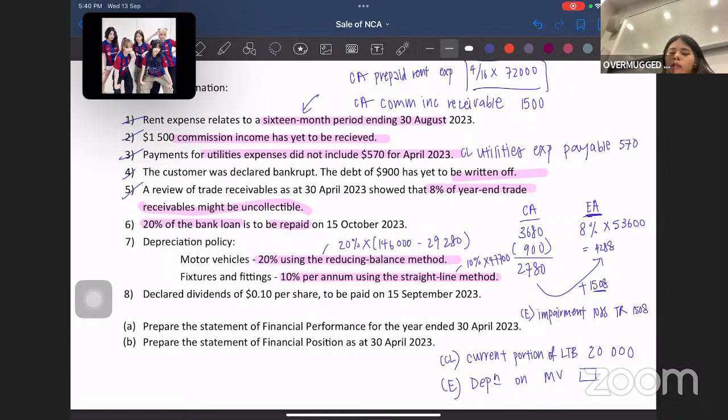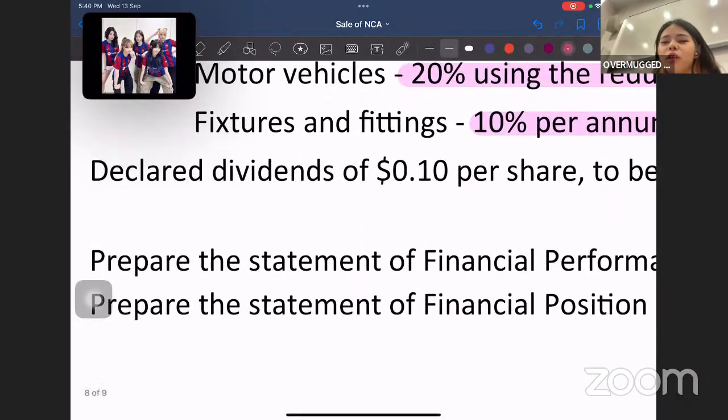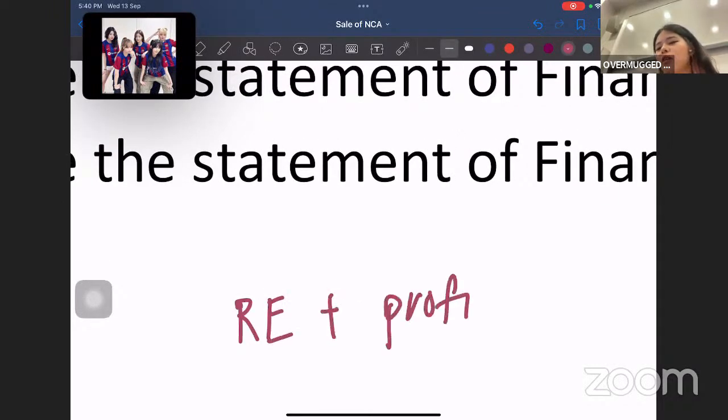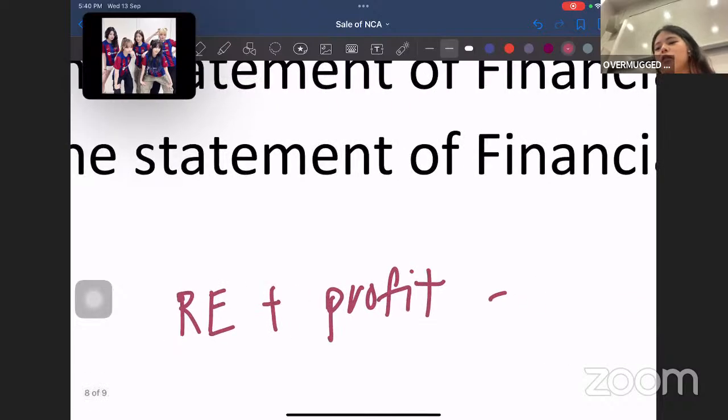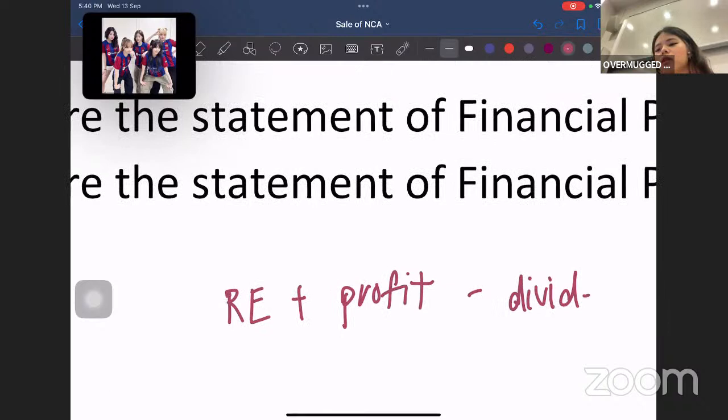Okay, then last one, dividends. So let's recap. What is the formula for equity? Okay, you also forget. So for equity, you will have your retained earnings plus profit minus dividends. That is the formula for equity.